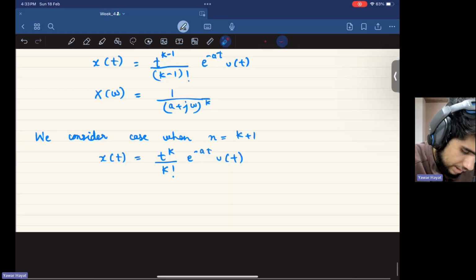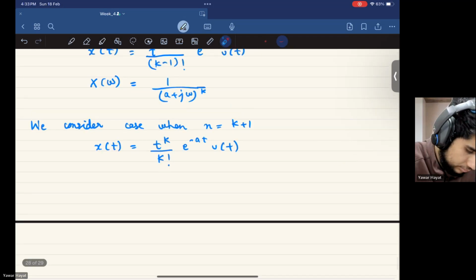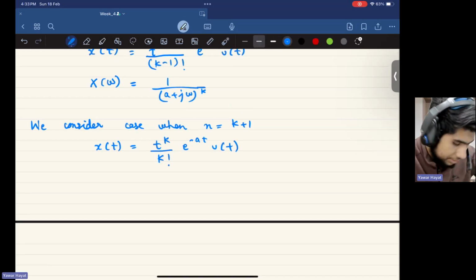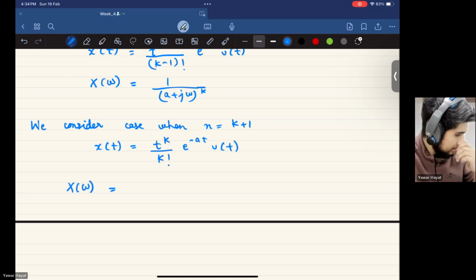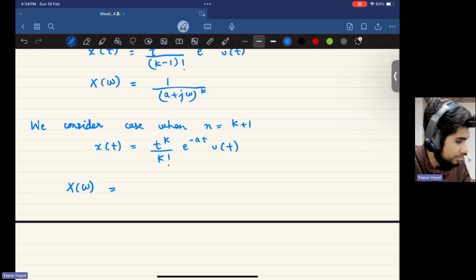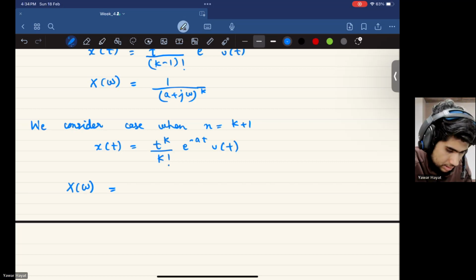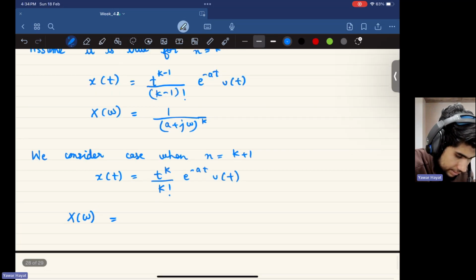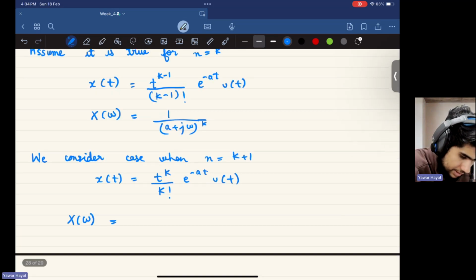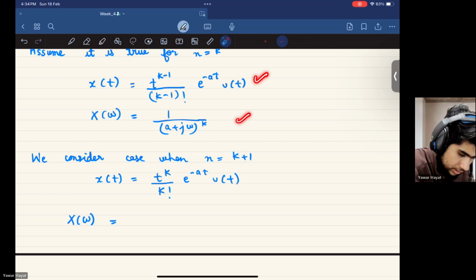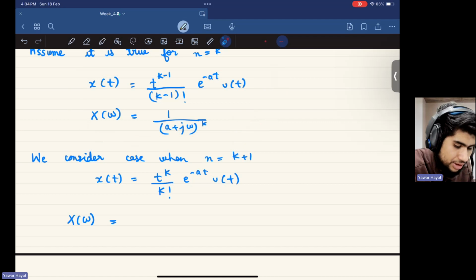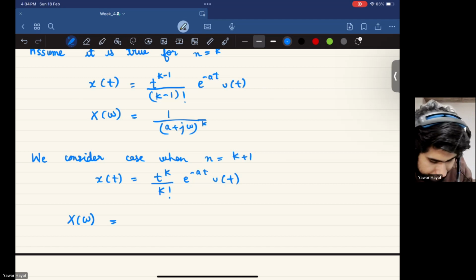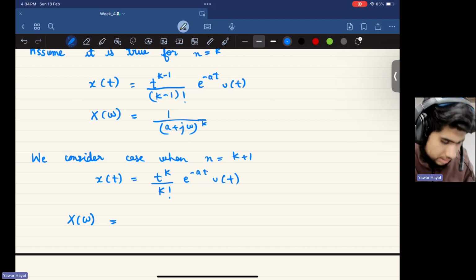So given this x of t, what should be x of omega? See, I know this result. This is something that I know because I'm assuming this to be true, and I can use that in this. So let me do that.